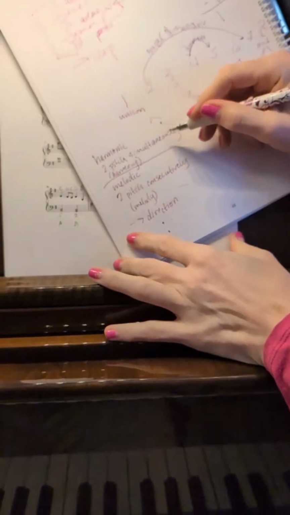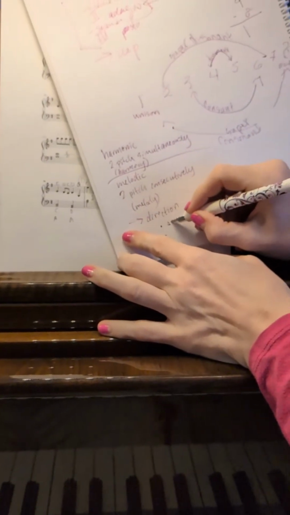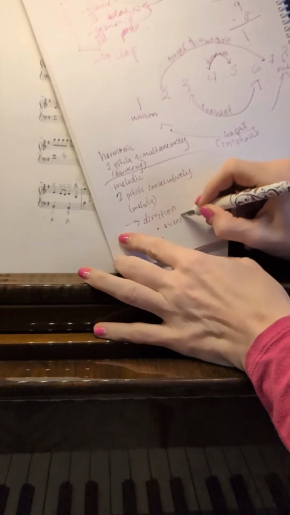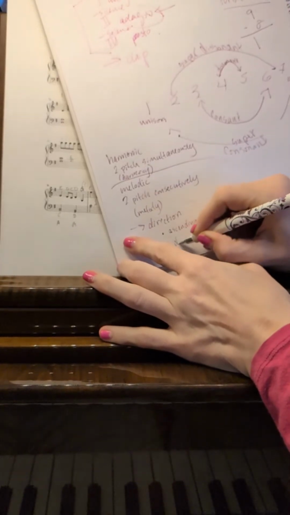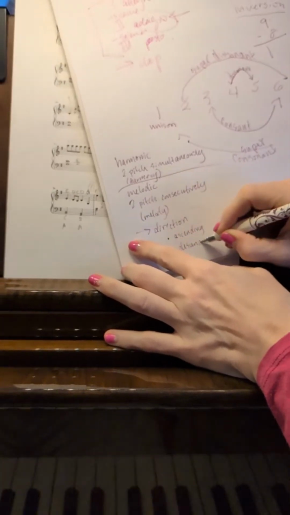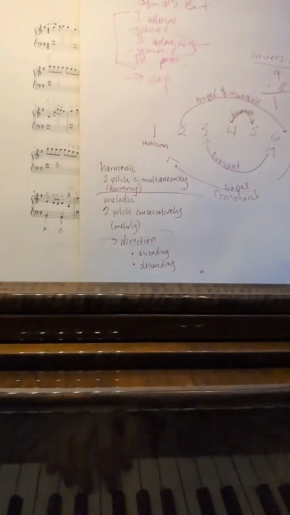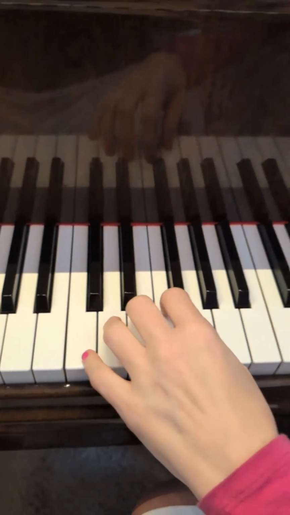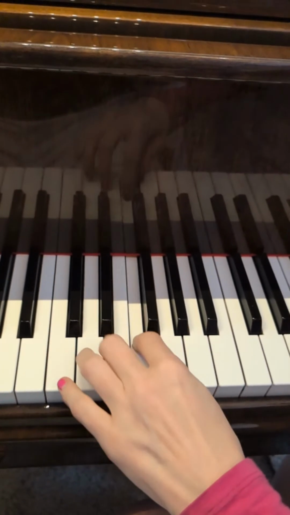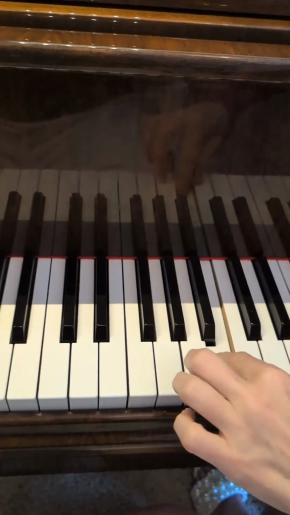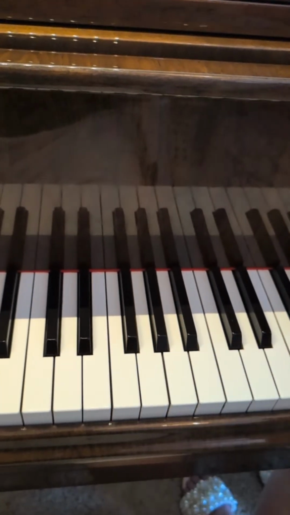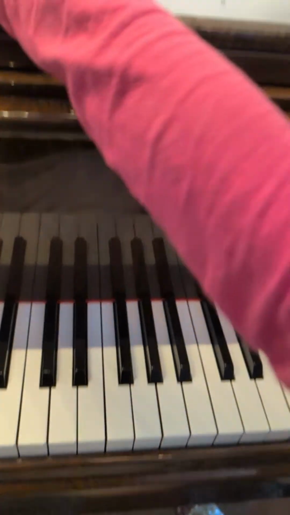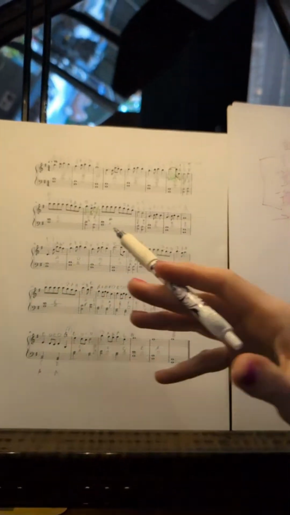So the direction has to be either ascending or descending. When you're playing a scale, you're playing a series of consecutive ascending melodic seconds. Does that make sense?